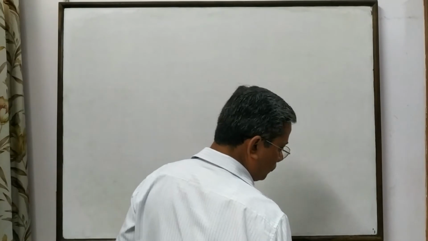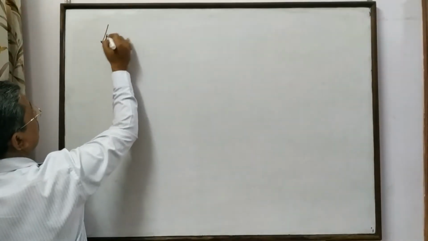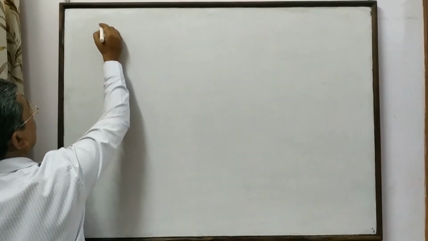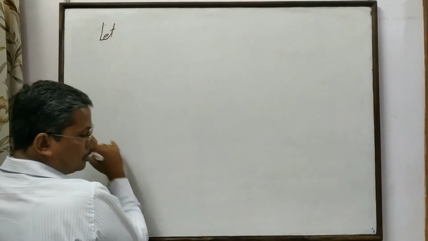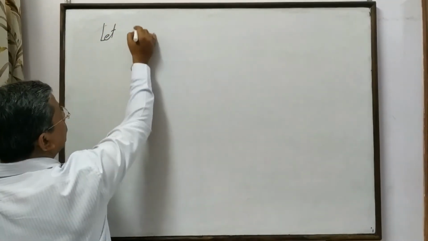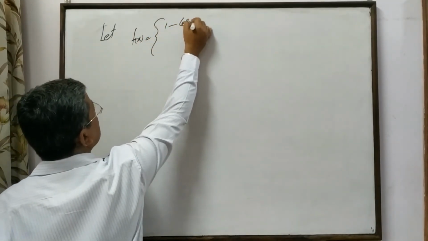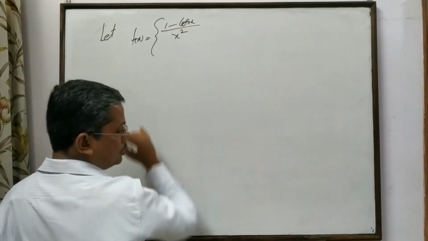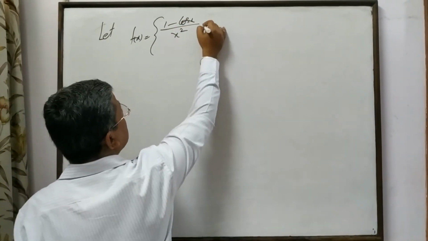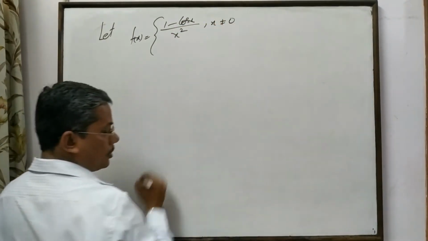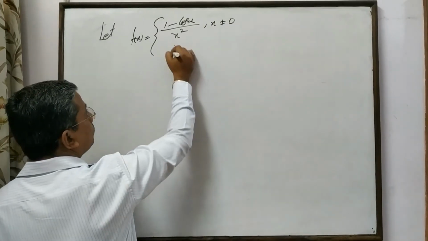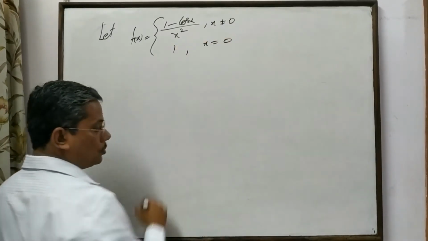Another question. Let f of x is equal to 1 minus cos x upon x square when x is not equal to 0, and 1 when x is equal to 0.